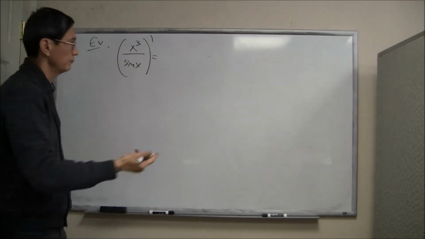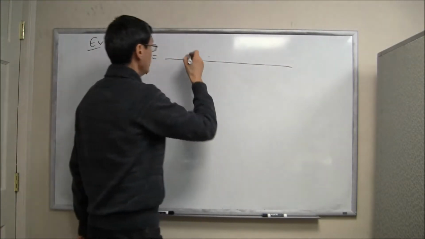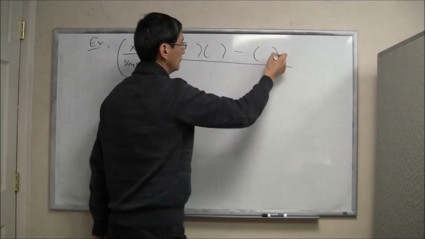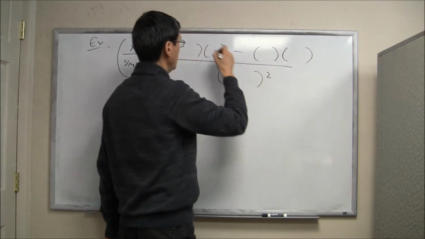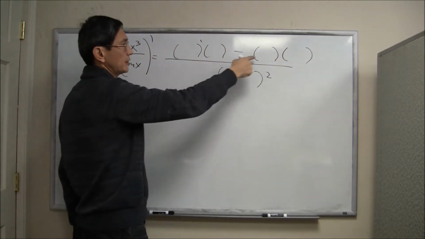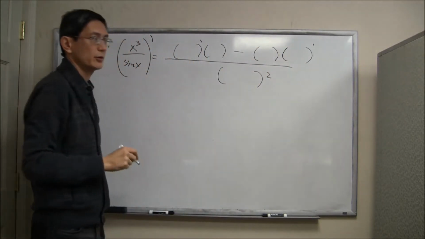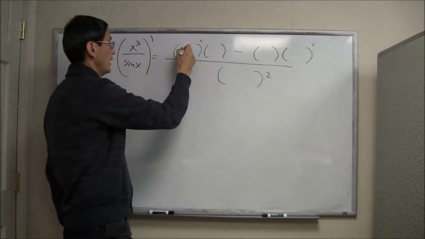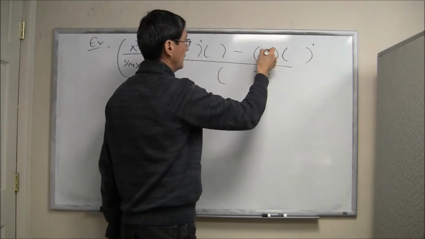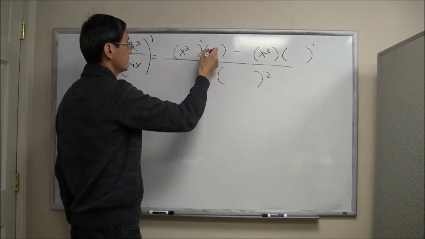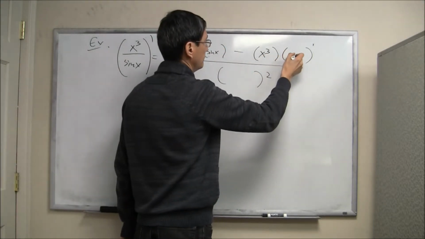I'm writing the scheme for the quotient rule: derivative of numerator times denominator minus numerator times derivative of denominator, over denominator squared. So I'm going to write down x cubed for the numerator, sin x for the denominator.